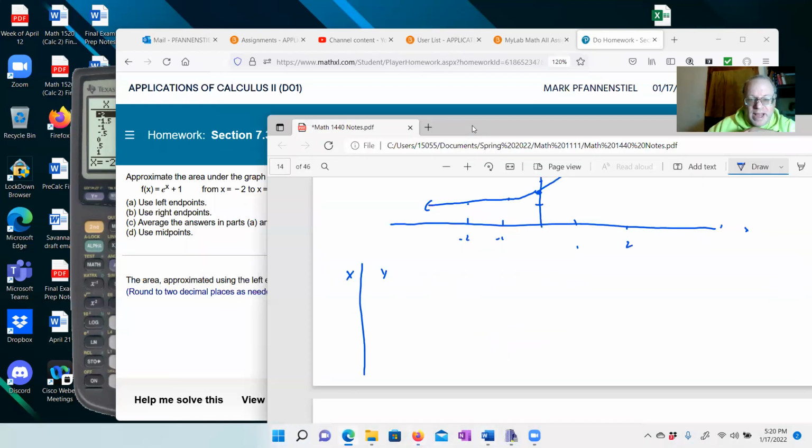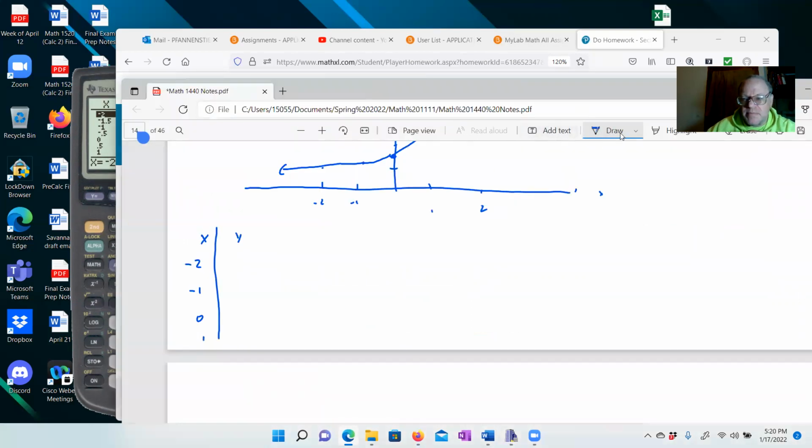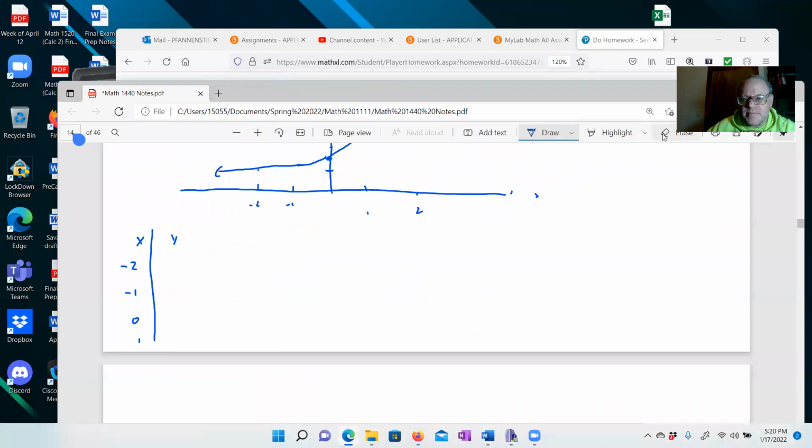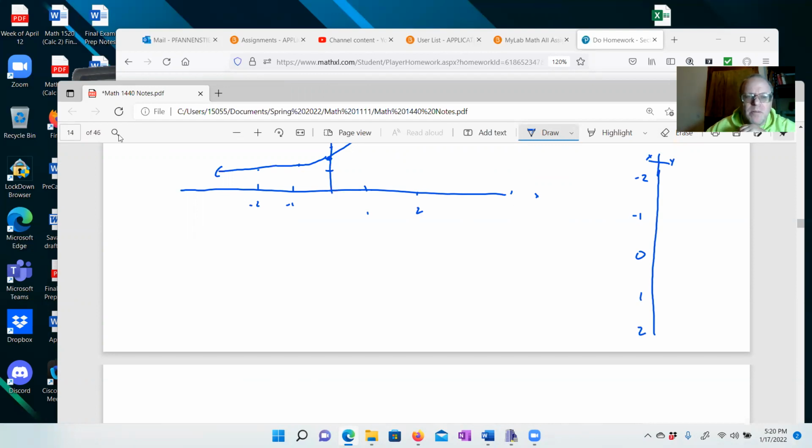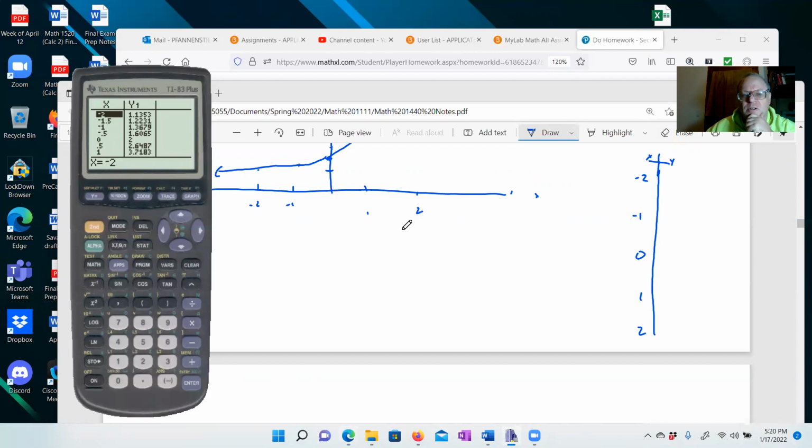So we have -2, -1, 0, 1, and 2. All right, so we have X and Y. And all I'm going to do is read the values off the graph.